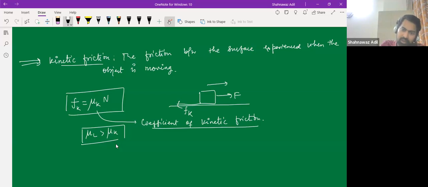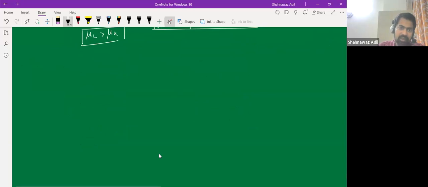So now let's say you have an object, and this will answer your question, Ilham, whether it is dependent upon the weight or the heaviness, right?